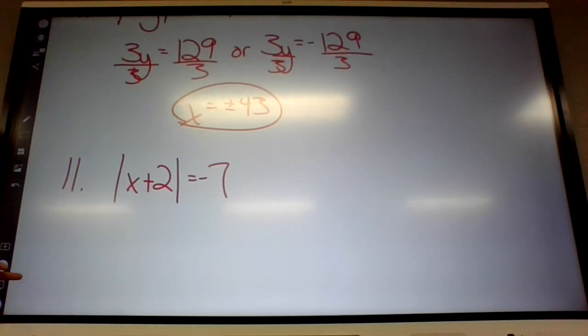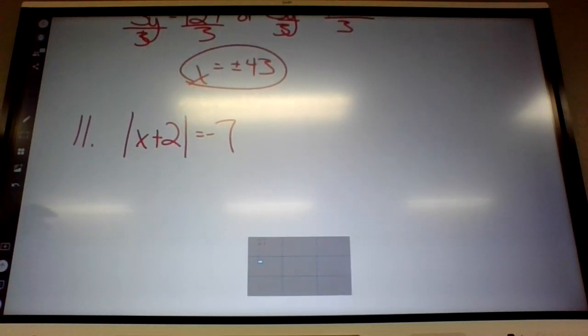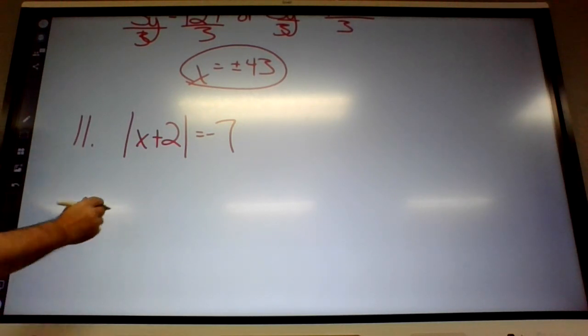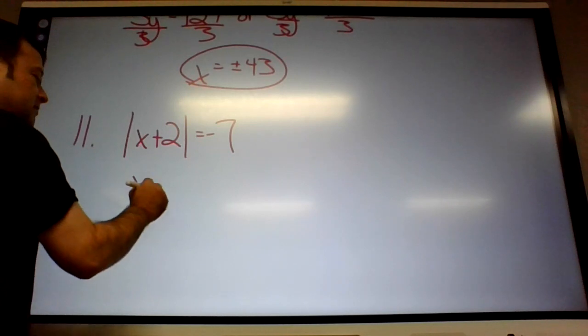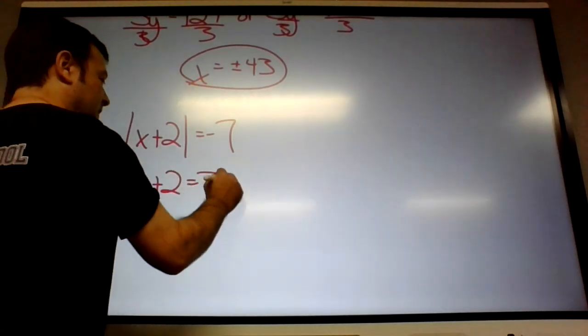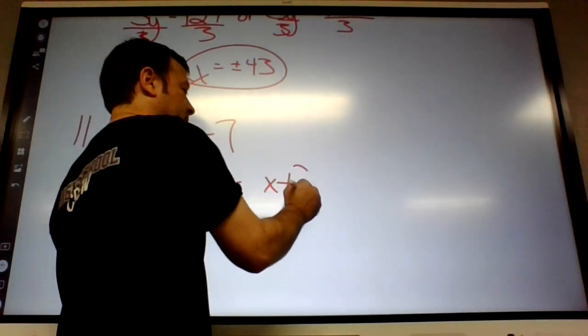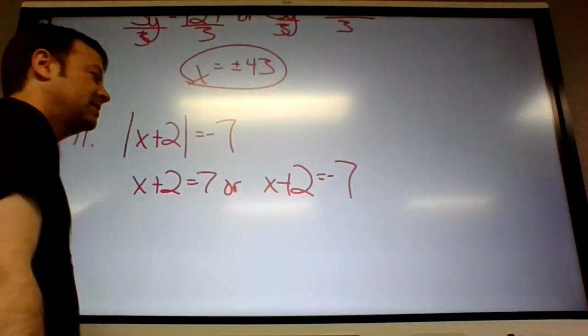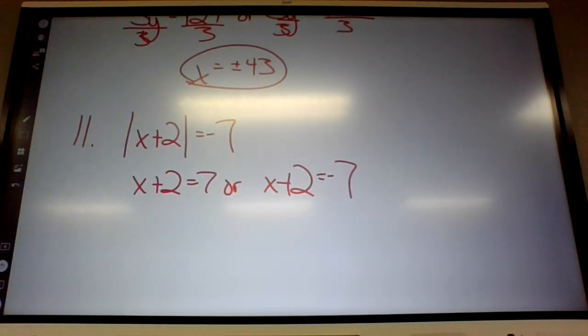All right, Sophia, what should we do on this one? Okay, normally that would be right. You said x plus 2 equals 7 or x plus 2 equals negative 7.